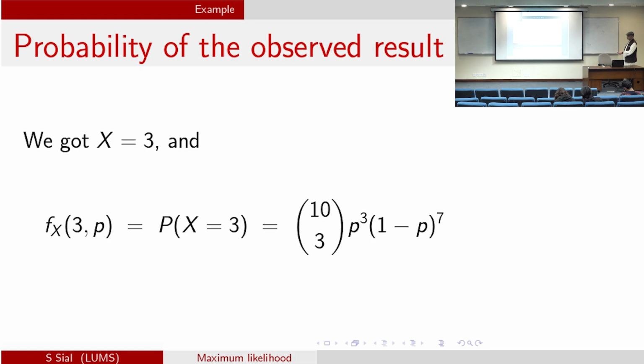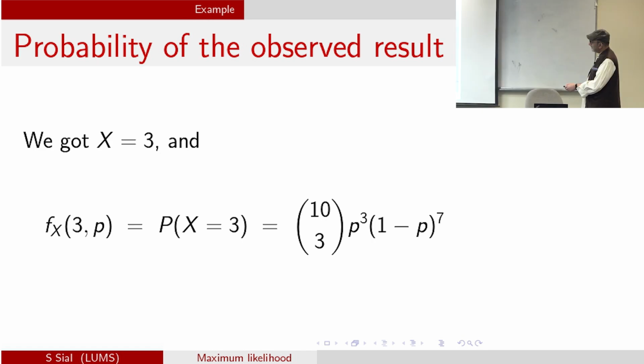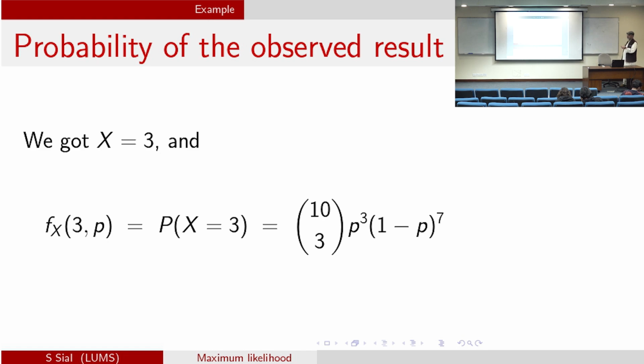So the probability of getting that result is this number from the PMF. The PMF says that f sub X of 3 is 10 choose 3, p to the 3, 1 minus p to the 7. So then p could in principle be anything.